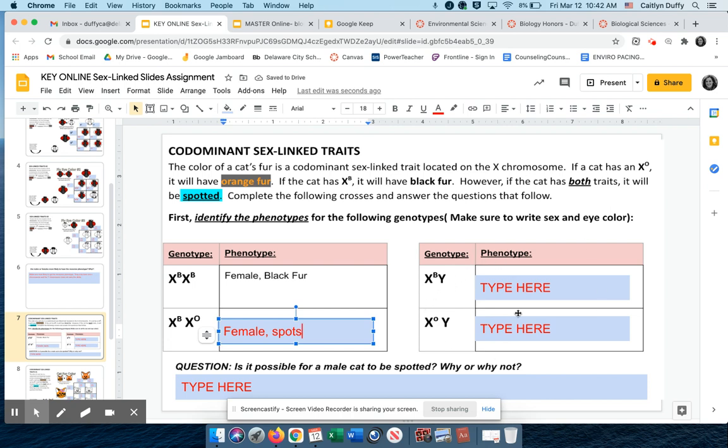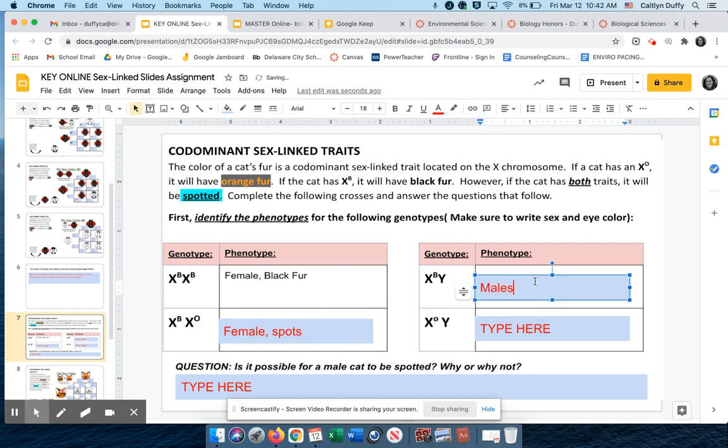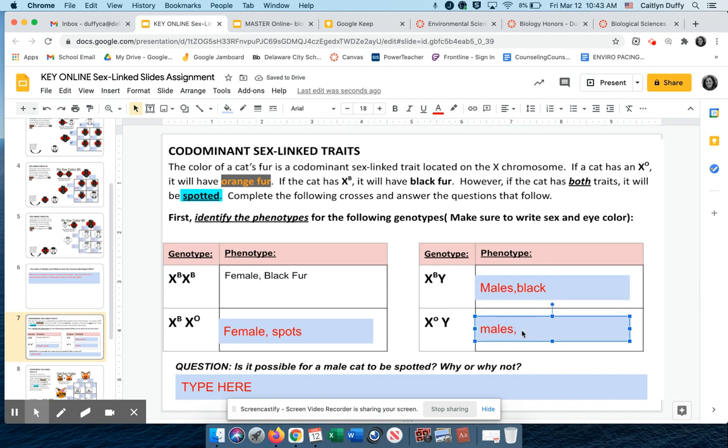In the XY, these are both males. And XB Y would mean it is a black cat. And XO Y would mean that it is an orange cat. But is it possible for a male cat to be spotted?